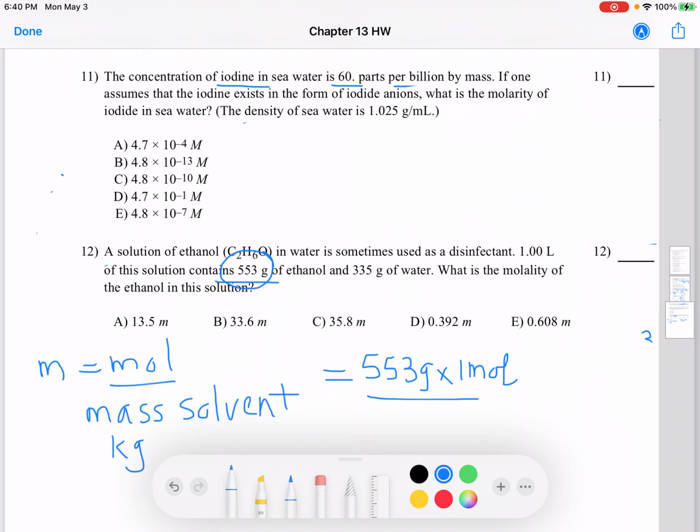I think it's 46, but you guys can calculate and figure it out. 46 grams, convert into number of moles, and then you divide it by the mass of the solvent, 335 grams, converting it to kilograms, 0.335. We can just put 1 there, kilogram. Grams to grams cancel. Okay, that will give you the molality of the solution.